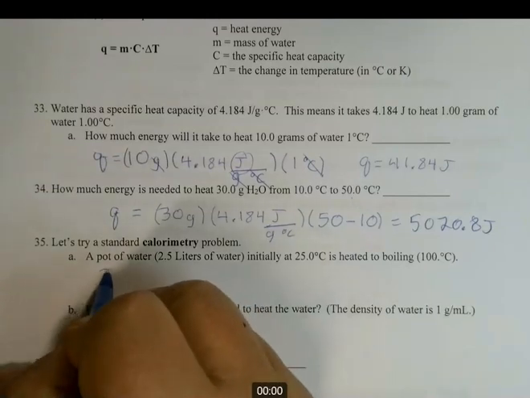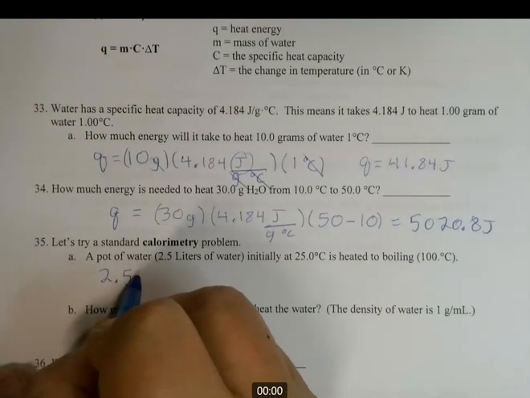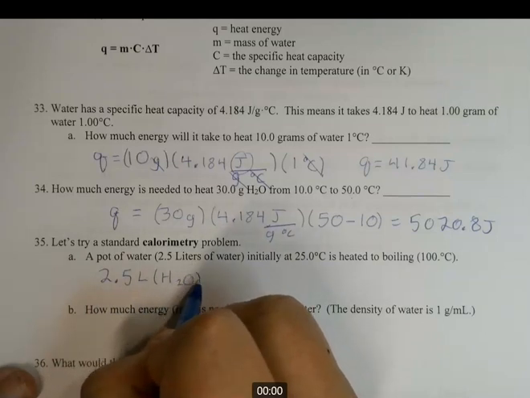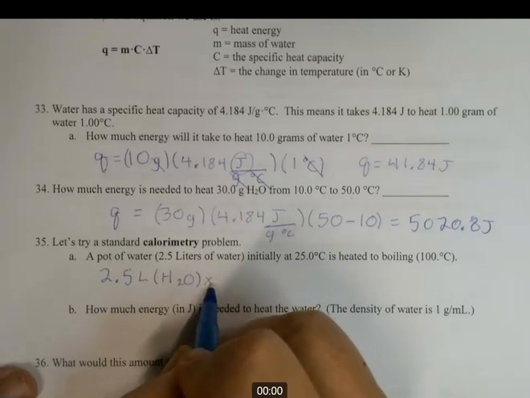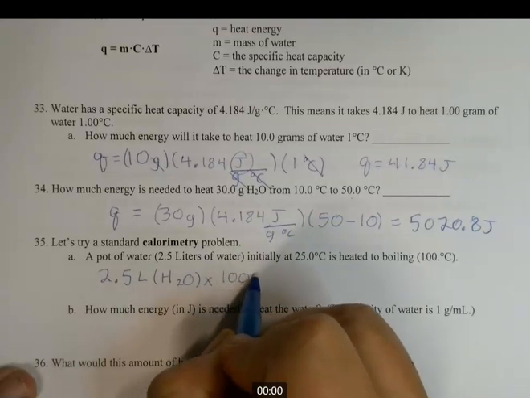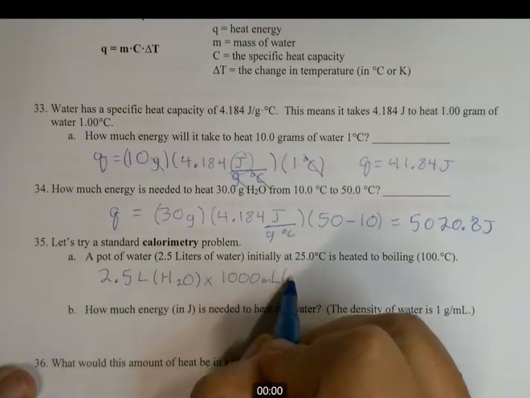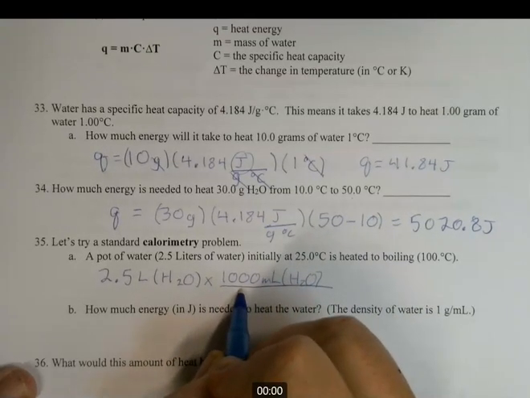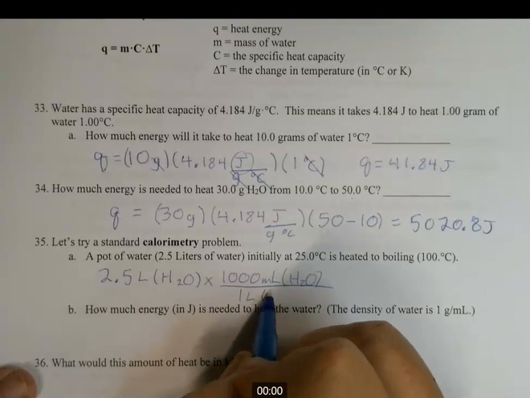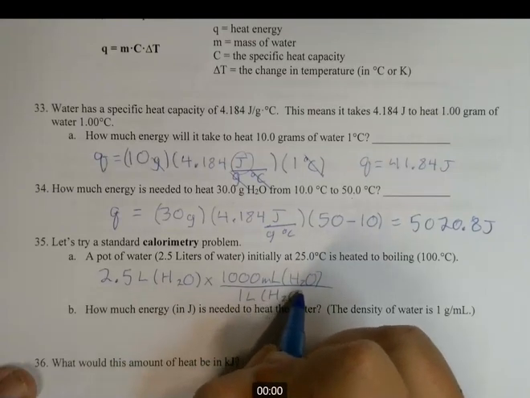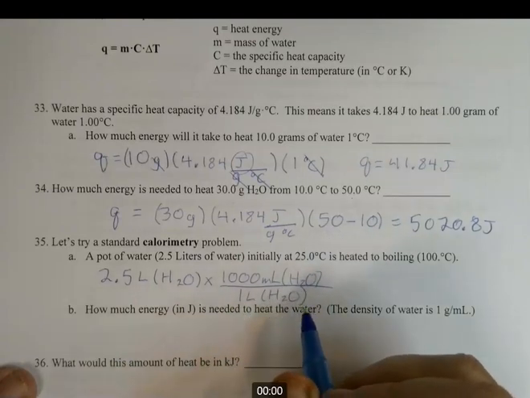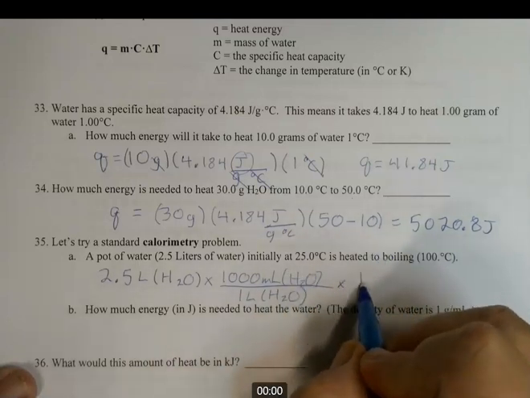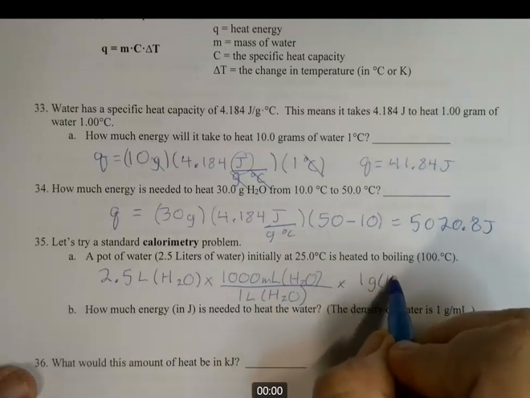So we start with 2.5 liters of water. And we know that there is 1,000 milliliters for every 1 liter. And we know that there is 1 gram, only of water, for every 1 milliliter.